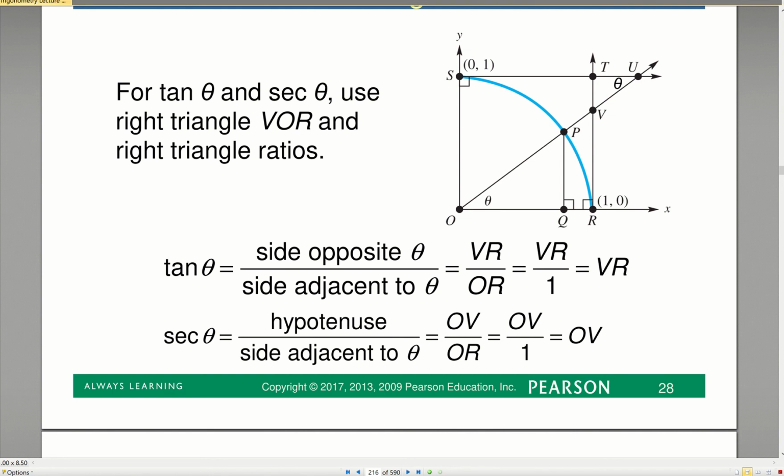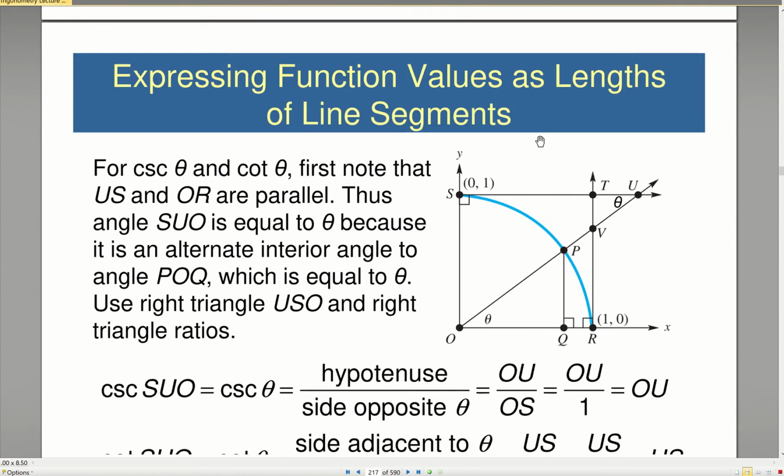And in the same triangle, secant of theta can be found, and secant, as you know, is hypotenuse over adjacent. So in OVR, the hypotenuse is OV. And the side adjacent to theta right here is OR, which is, once again, 1. So that's why we get OV over 1, which is OV.